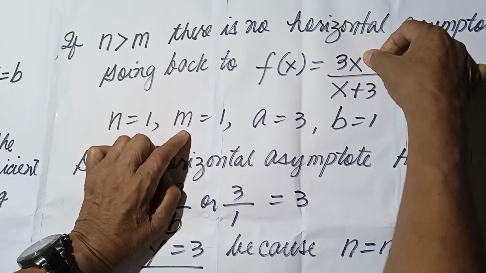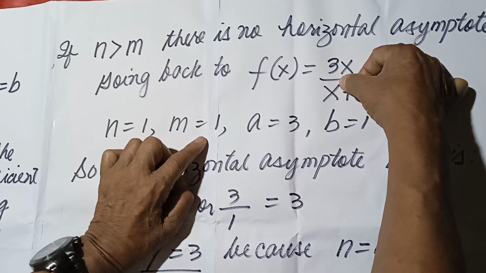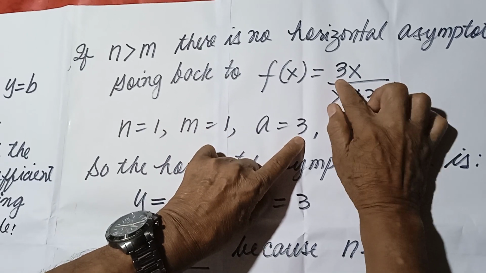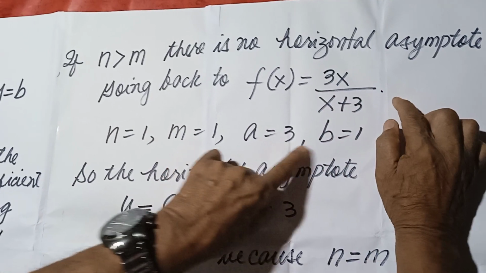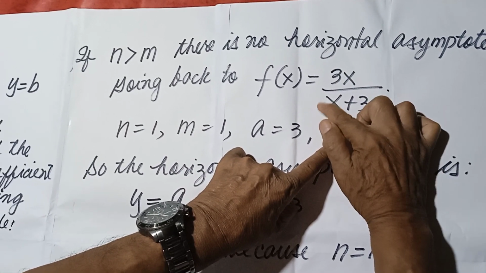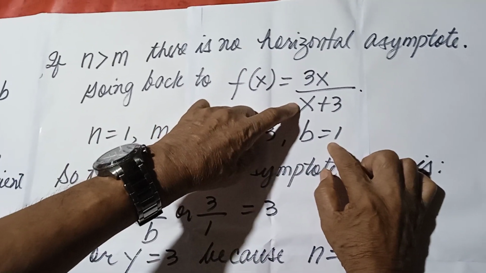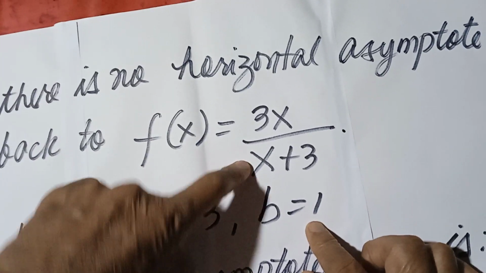Our m, the degree of the denominator, is 1. Our a, the leading coefficient of the numerator, is 3. And our b, the leading coefficient of the denominator, is 1, because if the variable has no number, that's understood to have 1.